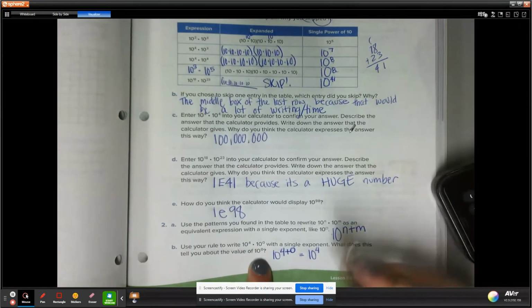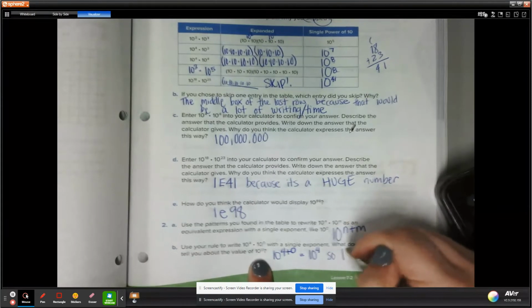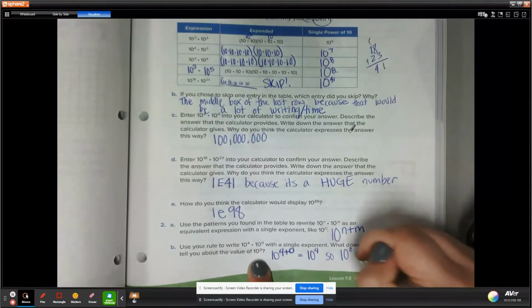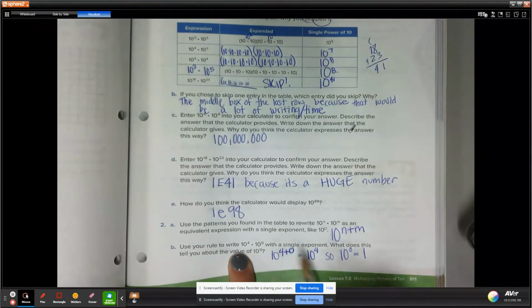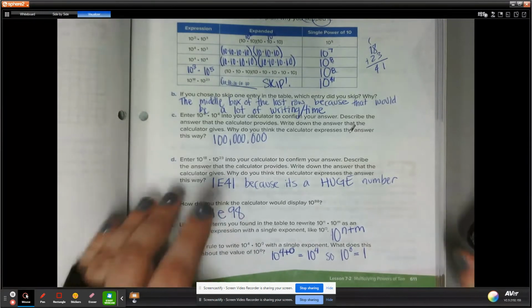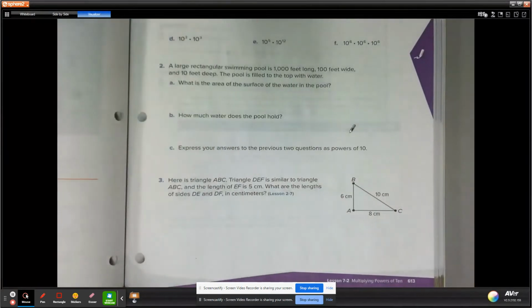So 10 to the 0 power would have to be equivalent to 1, because anything times 1 is itself. So 10 to the 4th times 10 to the 0 is itself. So 10 to the 0 has to equal 1. We'll explore that more in depth later.